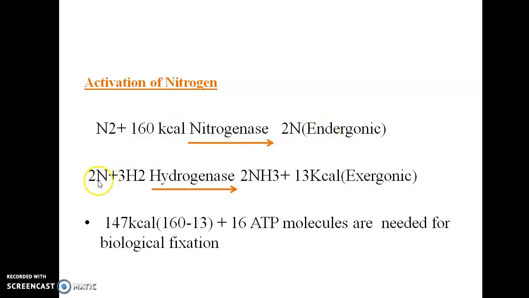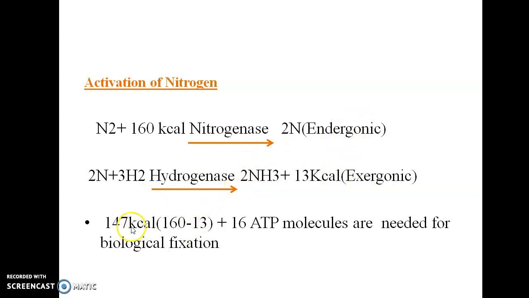And in the second stage, these two nitrogen atoms will react with hydrogen, and in the presence of hydrogenase, 2 molecules of ammonia along with 13 kilocalories of energy are released. As this reaction releases energy, this is an exergonic reaction. We know that for a reaction to occur more spontaneously, an endergonic as well as an exergonic reaction has to move in a coupled manner.